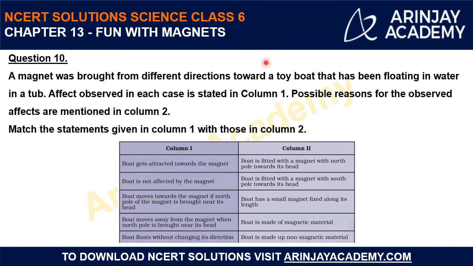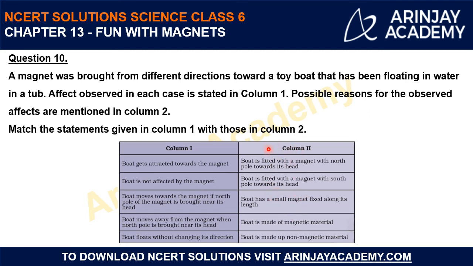Now after doing that, there are some effects that have been observed and ये जो effects हैं इन्हें column 1 में represent किया गया है, and corresponding to each effect that has been observed कोई एक particular reason होगा for that particular observation. So those reasons are given in column 2, but they are not in the correct order. That is, for the given effect, the right part is not directly indicating the reason, rather they are rearranged.